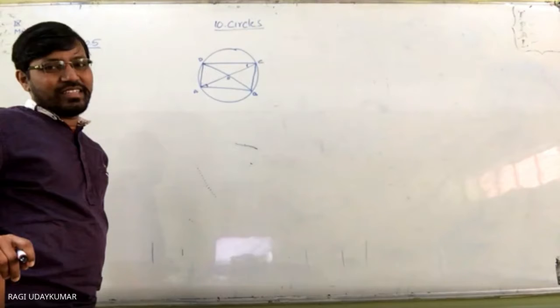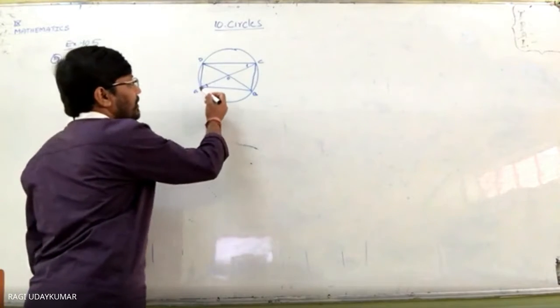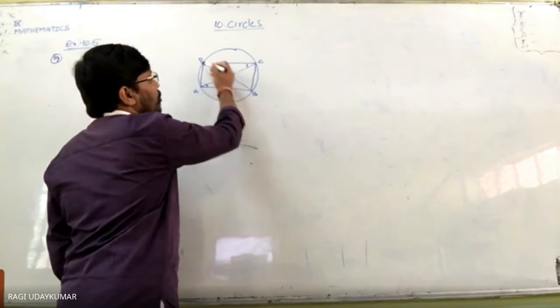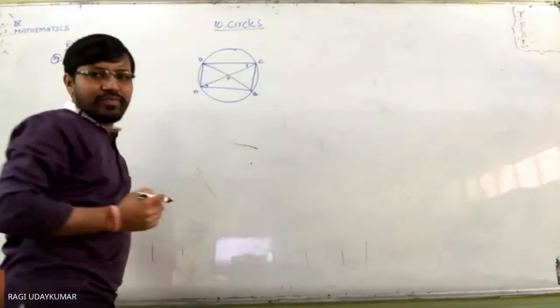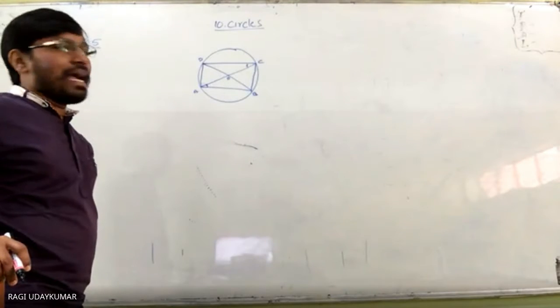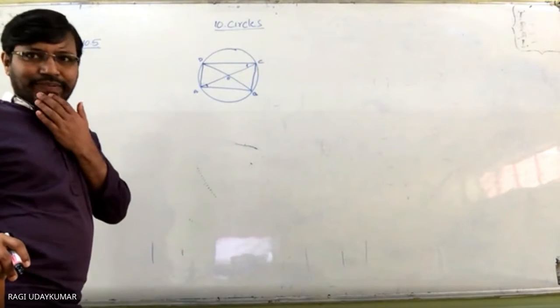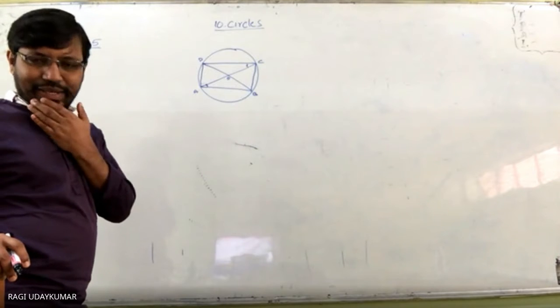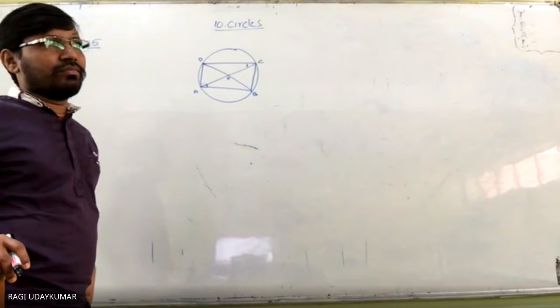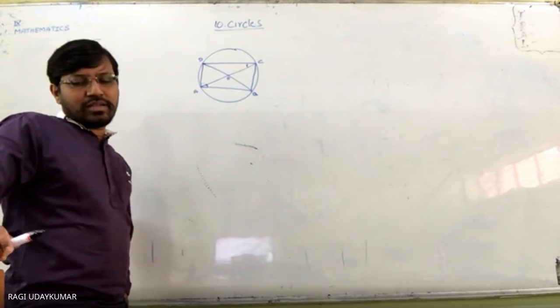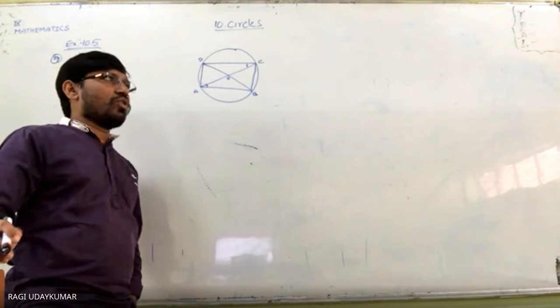Sir, triangle DOC and AOB. Triangle AOB and COD you consider. AOB and COD. Are they congruent? Yes, sir. How? Which congruency? Sir, SAS. Yes, SAS congruency.